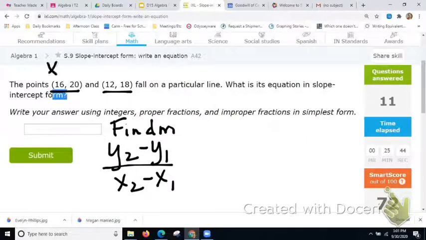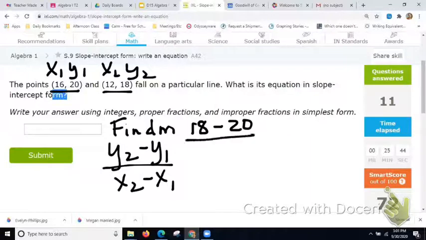So this is an x and a y. This is an x and a y. First point, second point. That's all the 1's and the 2's mean. It doesn't mean squared. It's not up in the air. It's subscript. So the way I have it written, I would be doing 18 minus 20 over 12 minus 16.